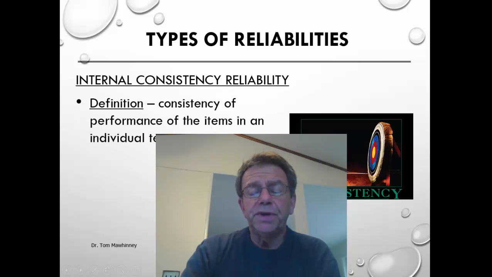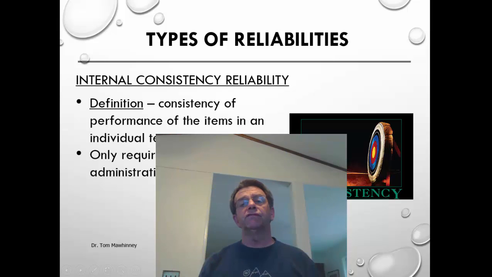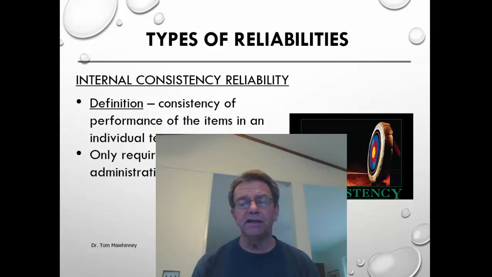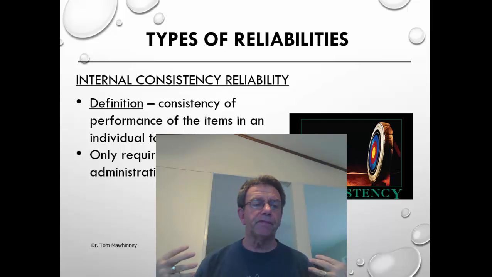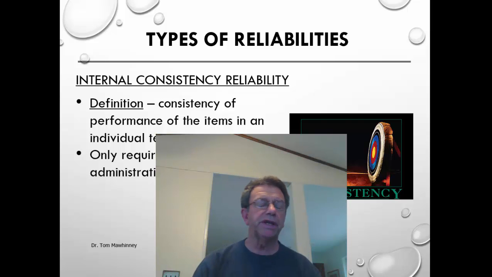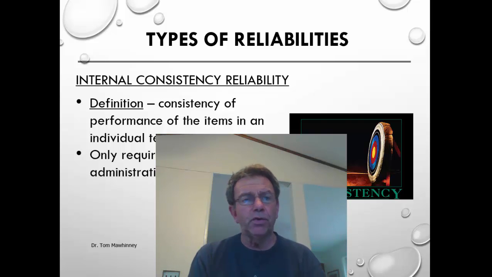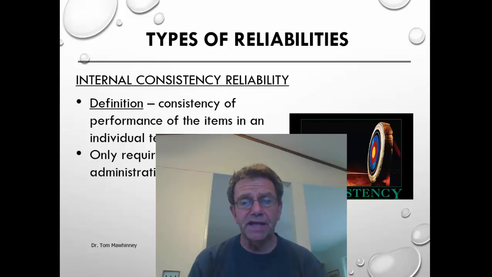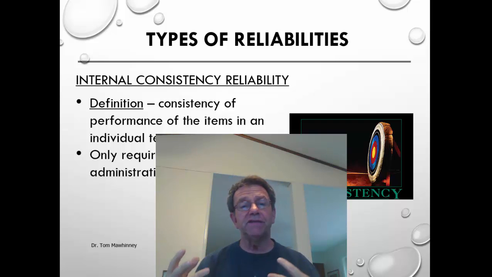There's also the biggest kind of reliability that you will see on any large-scale test, what we call internal consistency reliability. There are a lot of technical terms for internal consistency, like split half and things like that, but I'm not going to talk about those. I just want you to know that when test makers make a test, they have statistical procedures that they use to see if the items are functioning homogeneously.